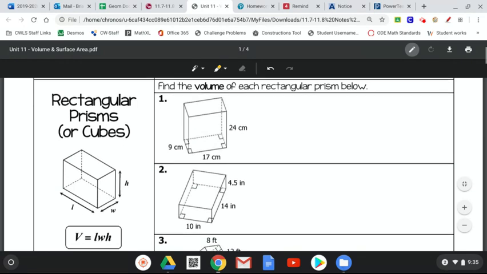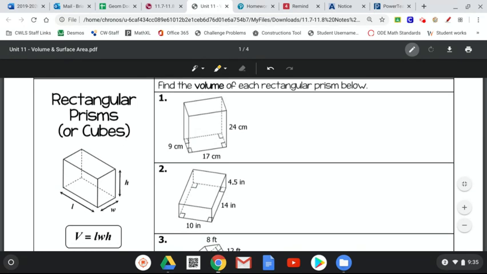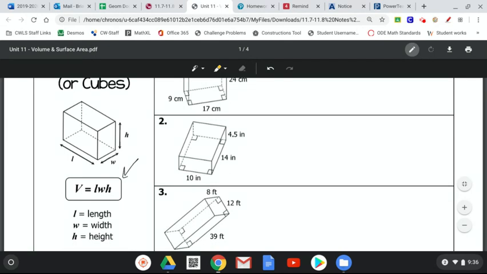So, just like we had before, rectangular prisms, this time we're finding the volume, okay? So that's length times width times height, okay? So LWH.